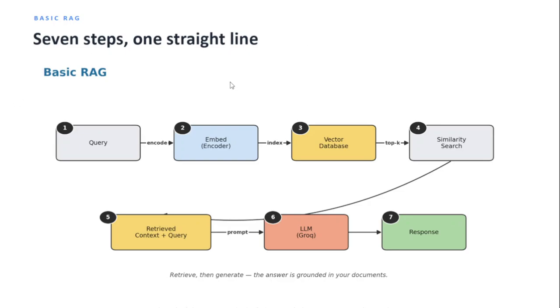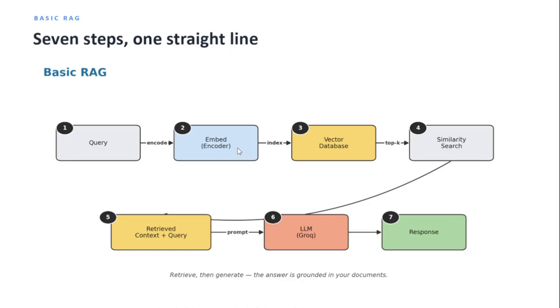Now, let's try to understand the basic concept behind RAG. First we will understand the basic RAG, and then we will see how it works practically. In the basic RAG, as you can see on my screen, first the user asks a query. That query is encoded into vector format, because we are trying to search for the answer from the vector database, so it is very important to convert the query into encoded format.